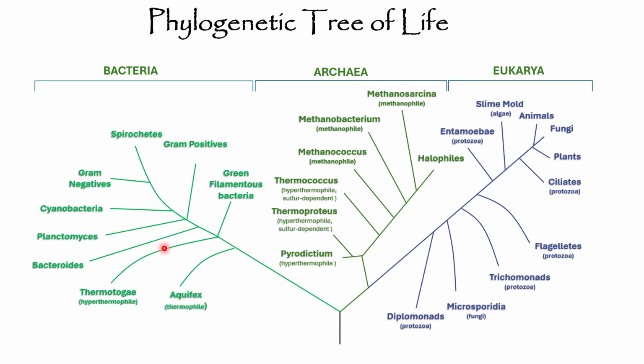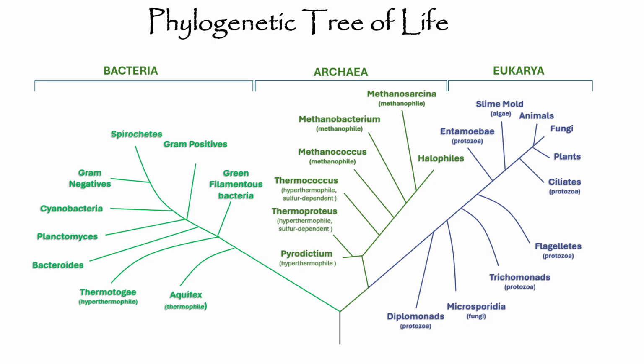So for instance, here's the length of a branch, and this is where the Thermotoga diverged from this ancestor right here. And then they further branched off to form the green filamentous bacteria and this cluster here. So points where the branches meet represent their common ancestor.